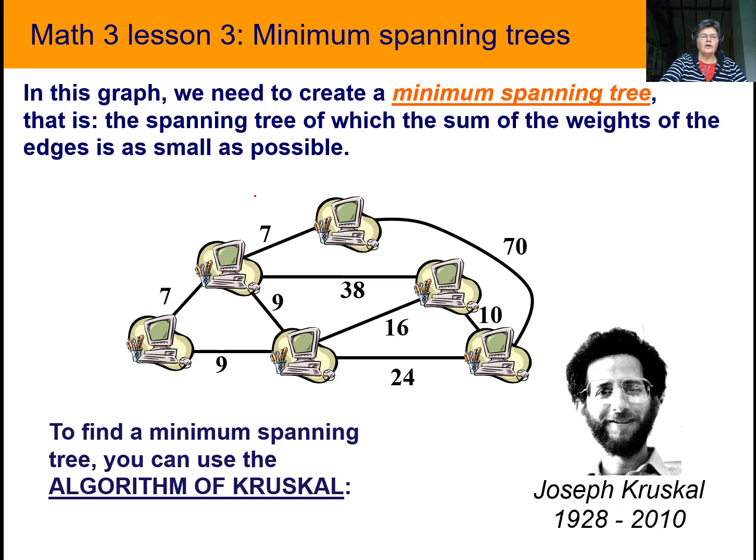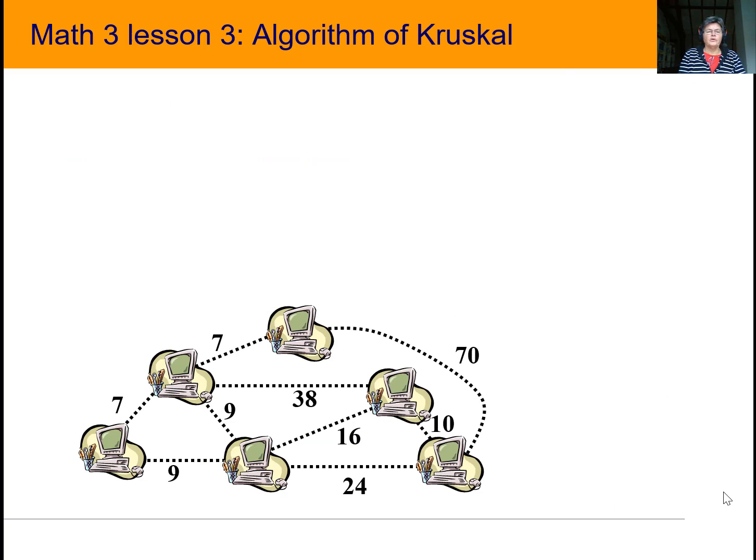And an algorithm we'd like to discuss with you is the one thought of by Joseph Kruskal. And the algorithm of Kruskal is quite straightforward. What he thought of is, we'll just order the edges with the lowest weight first, and we'll put them in a row. So we have 7, 7, 9, 9, 10, 16, 24, 38, 70.